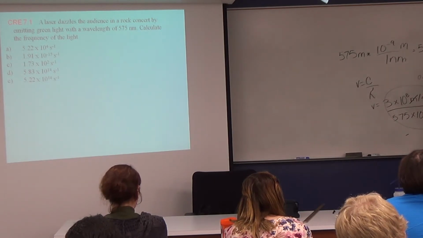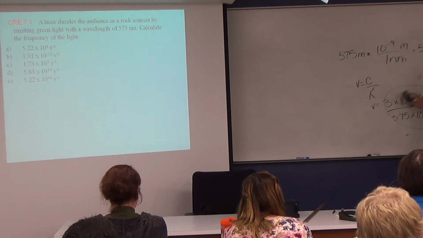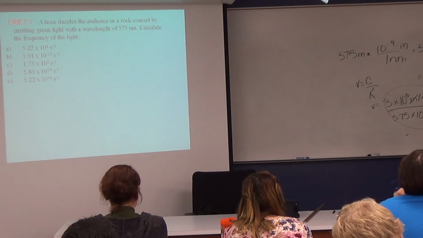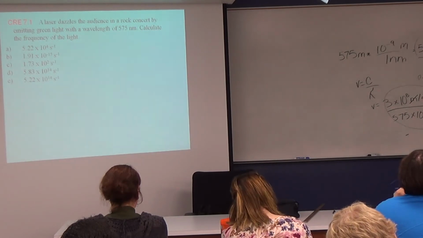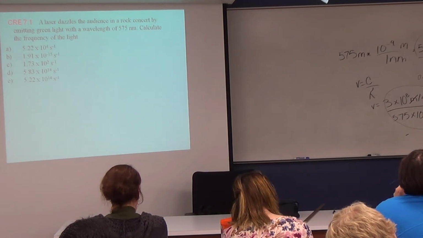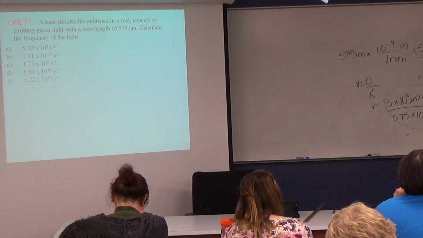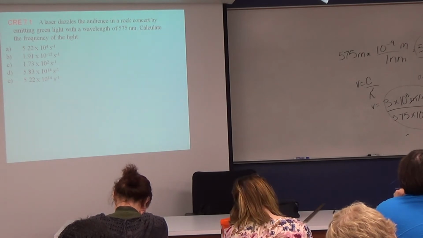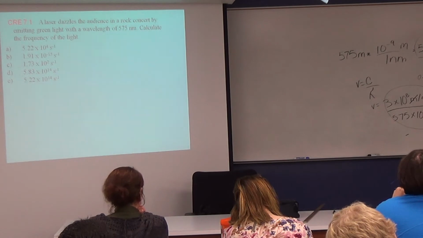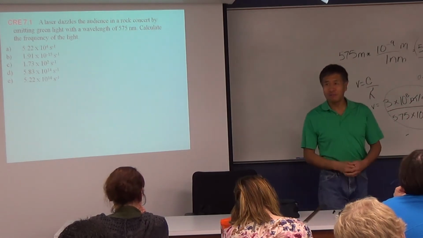You put it in the calculator, you get something like this, and the question is how you convert this number into that, just by using scientific notation. All right, any questions?